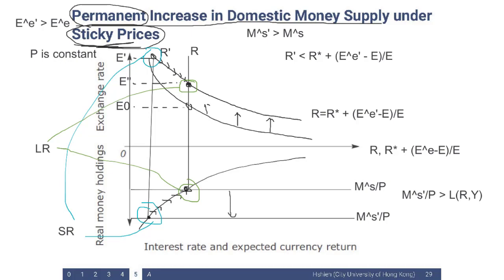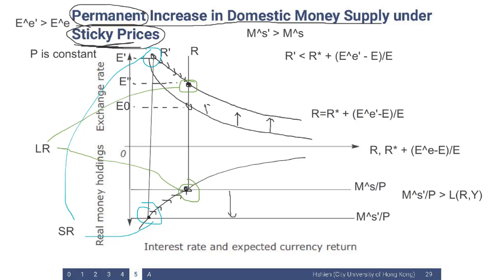So given a permanent increase in domestic money supply and therefore higher future long-run price levels, and as a result also exchange rate levels, E hat E prime will be greater than E hat E, right? The new level of expectations will be higher than before. That's what that means for the spot exchange rate.